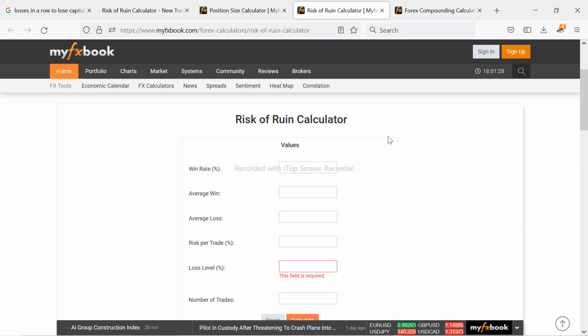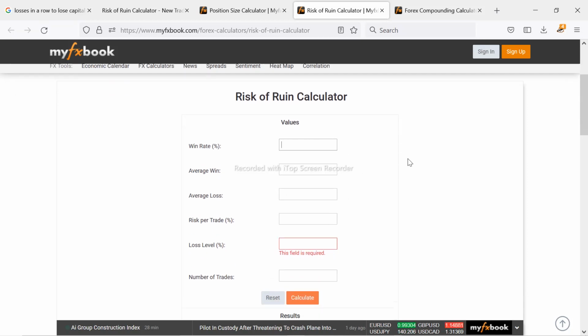Basically, when you put up a trade with a certain amount of capital, let's say $100, and you're risking, let's say, 5% per trade, what's the likelihood that you're gonna lose enough trades in a row to basically lose all your money? They call that blowing up your account, right? So the win rate. Let's calculate it.